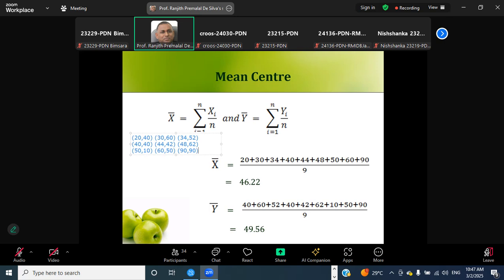So our mean center has the coordinate of 46.22 and 49.56. So this is our mean center coordinate. Okay, very simple. Right, okay. We go to the next slide.